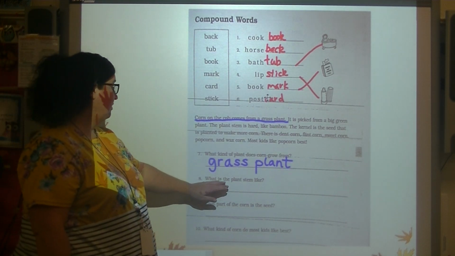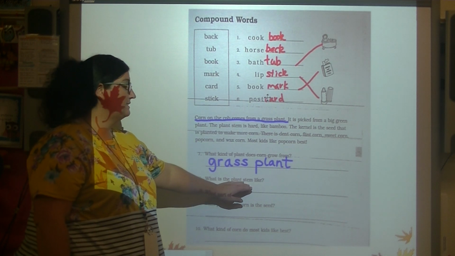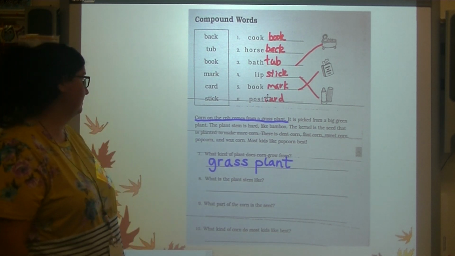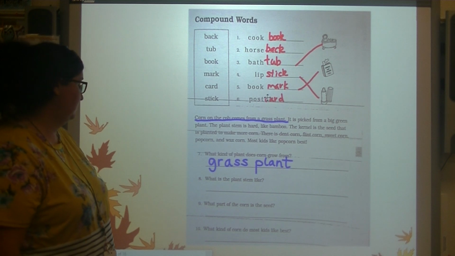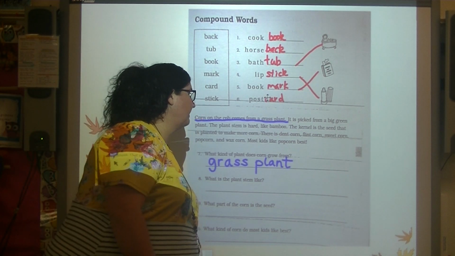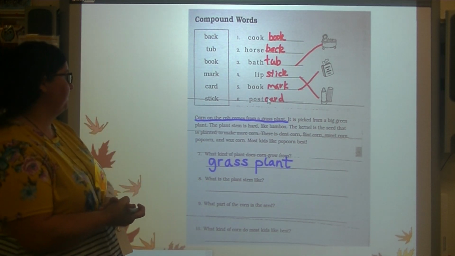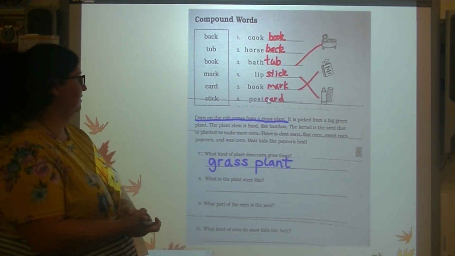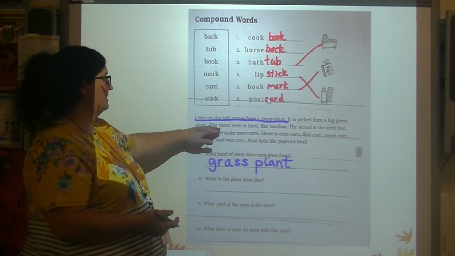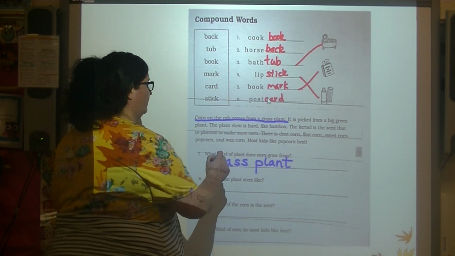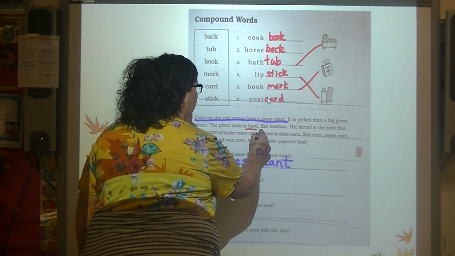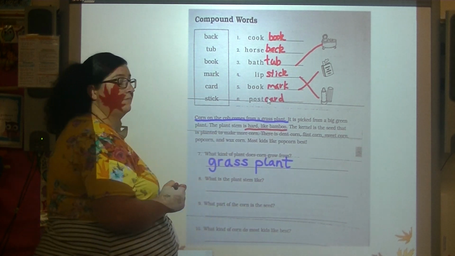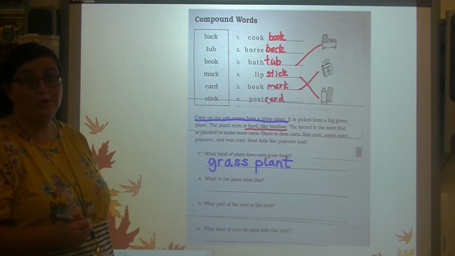Number 8, what is the plant stem like? All right, what sentence tells us that? All right, the third sentence says the plant stem is hard like what? Like bamboo.